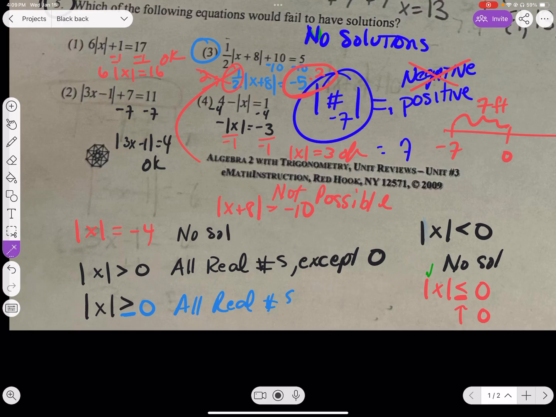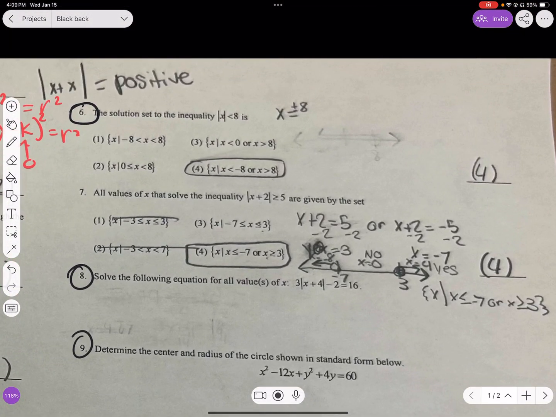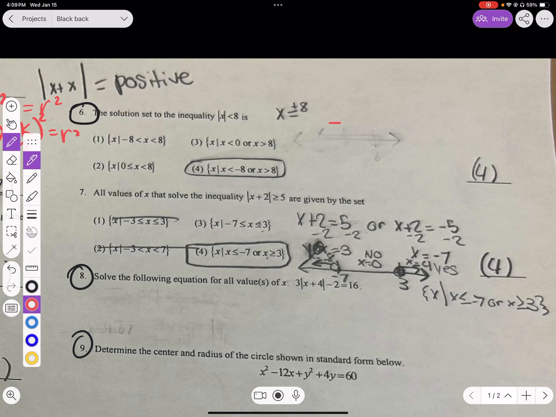All right, enough about that stuff. Let's see here. Over here, we got to look at number 6. And it kind of ties into what we were just talking about. It says, hey, the distance has to be less than 8 units away. Okay, so if we think about this on a number line, and we got some x here, and we don't know what it is, but we know distance from it is less than 8.